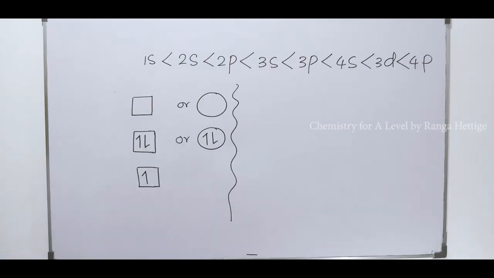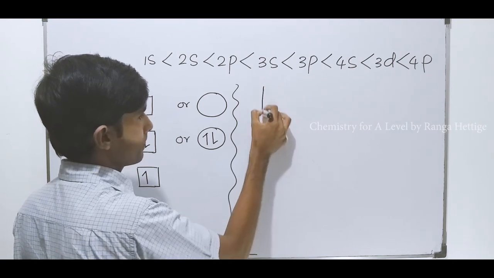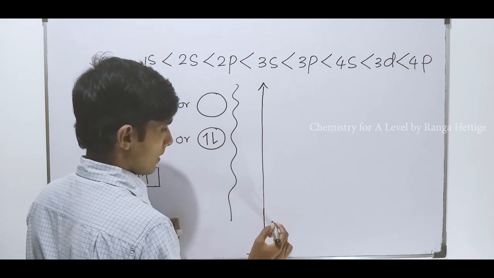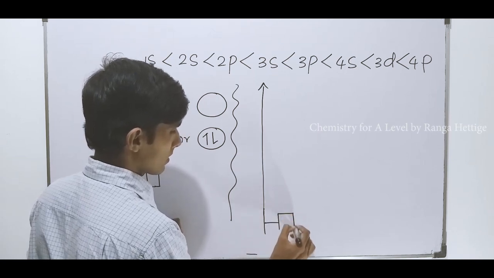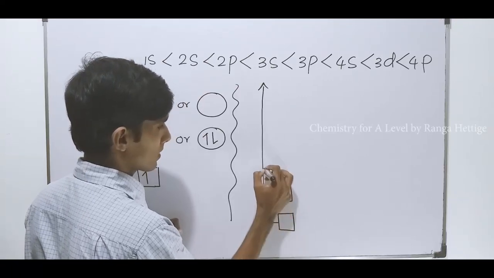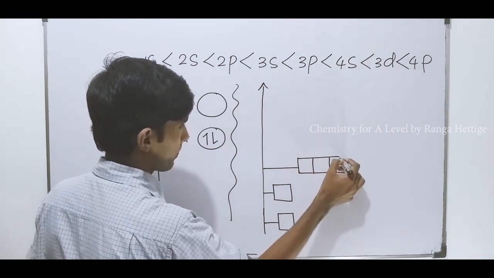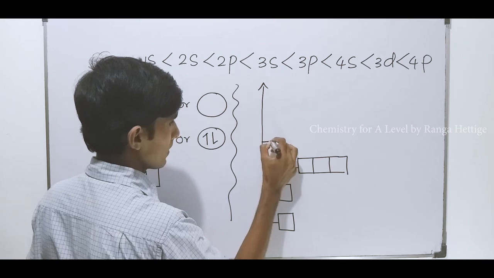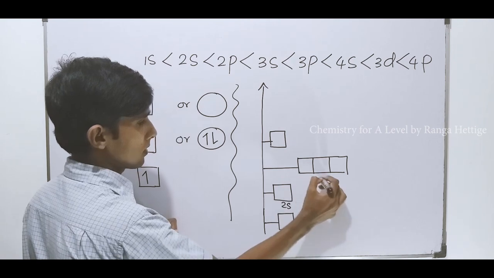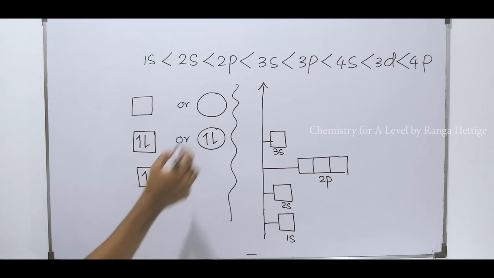Now just think of these atomic orbitals as in the previous diagram. I showed that their energies increase like this: 1s, 2s, 2p, 3s. This axis is energy.